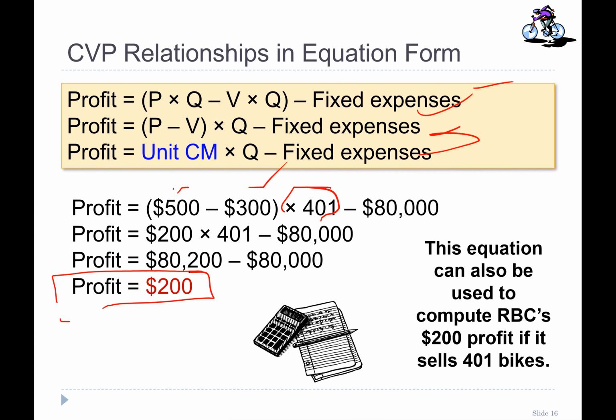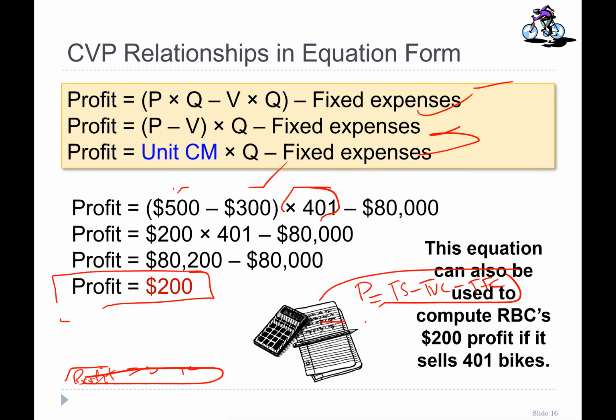So either you write that profit is equal to total sales minus total cost, the answer would be the same. If you write profit is equal to total sales minus total variable cost minus total fixed cost, the answer would be the same. Or if you write it like this, the answer would be the same.